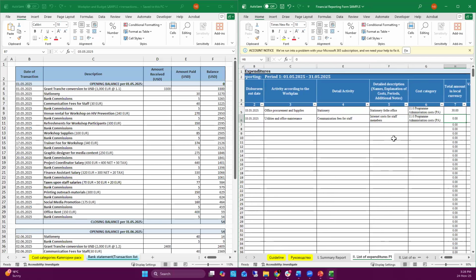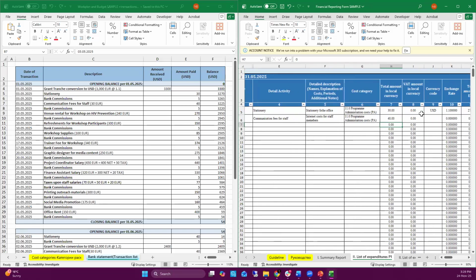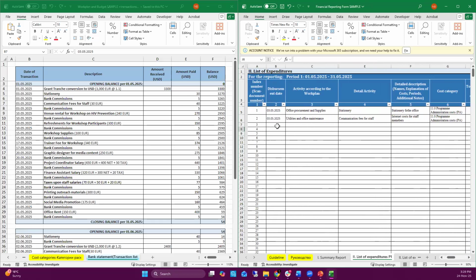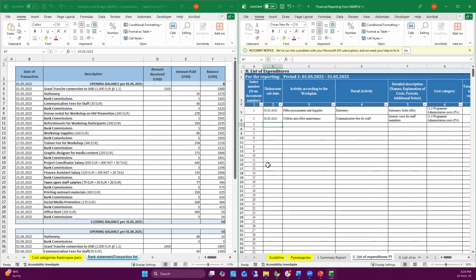Once again, this part was automatically filled out, and we had here 40. This part I will fill out later because it will be the same. So in order to be quicker, I will first go through this commission. So please note that at this stage, I omit the bank commissions. You see that after every transaction, for instance, we had these bank commissions, but for a while, I don't input them one by one.